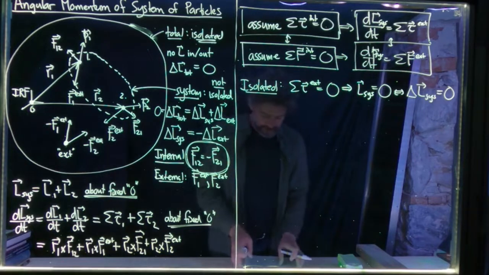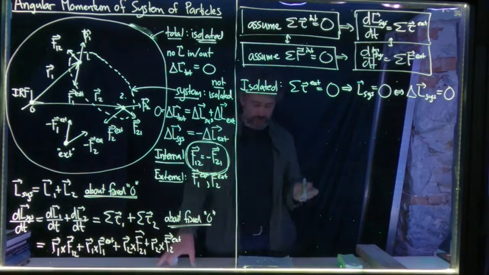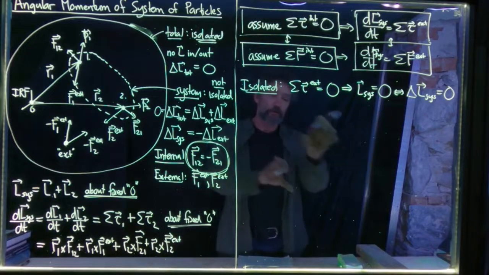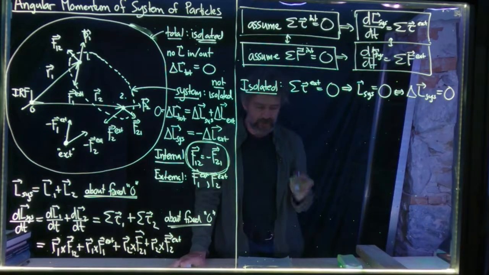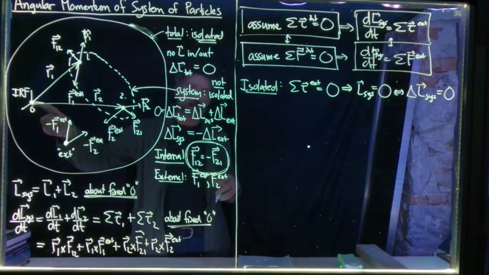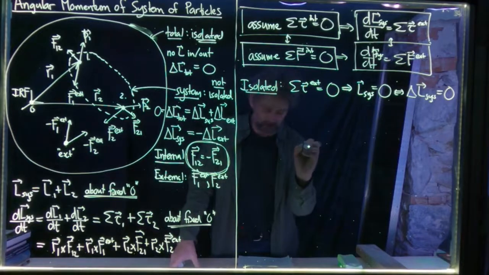Okay? So a super simple example of this is, say, Jupiter and the Sun orbiting around their common center of mass. So the center of mass of the Jupiter-Sun system is, say, right at that point. And we will choose the point about which we are evaluating torques and angular momentum to be this point over here.